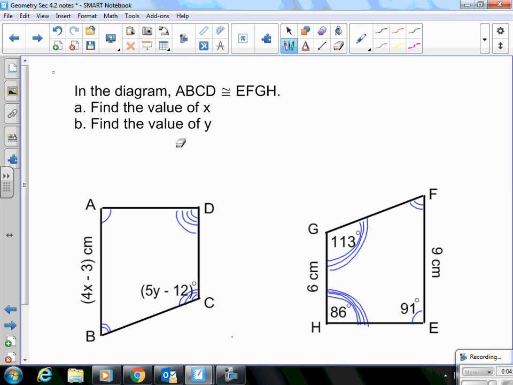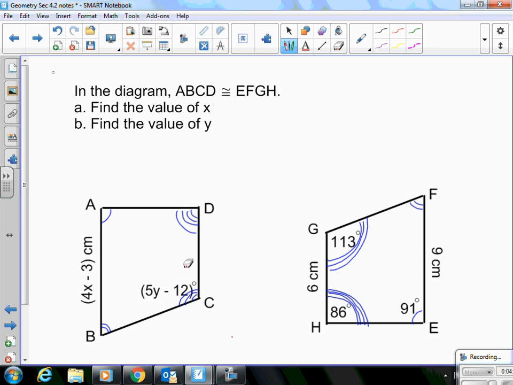And notice that there are 4 different angles being congruent, so the arcs that I'm putting in match up by the number of arcs there. So 1 arc goes with 1 arc, 2 with 2, 3 with 3, and 4 with 4.